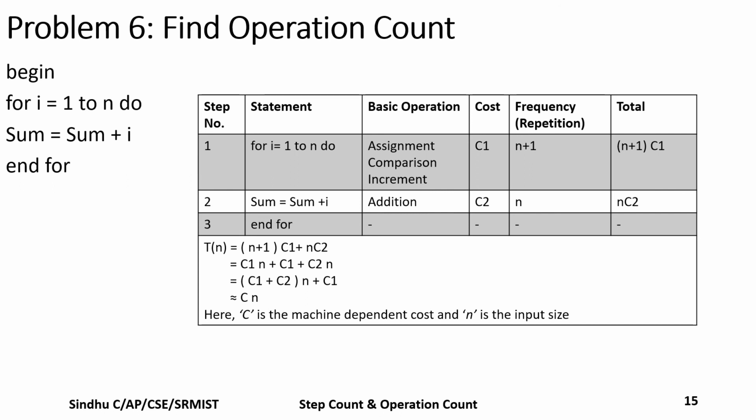The first statement is the for loop, for I is equal to 1 to n, do. As you know, you have an assignment operation where initially you are assigning I is equal to 1, and you compare whether the condition is satisfied or not. Each time you compare it, so you have the comparison operation. Then you also have the increment operation, I is equal to I plus 1.